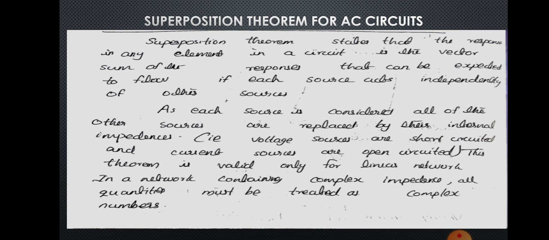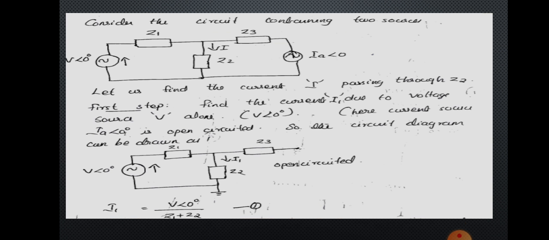If there is more than one voltage source, then one voltage source will be short circuited, and if there is a current source while we are considering the effect of one voltage source, that current source will be open circuited.